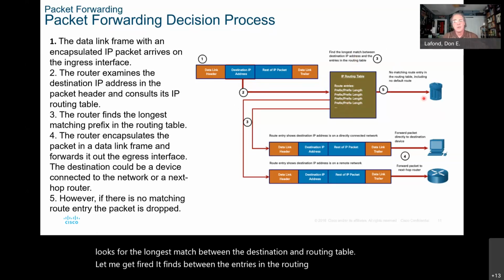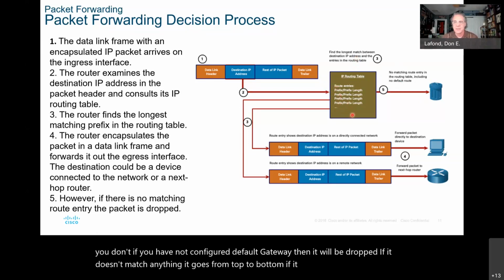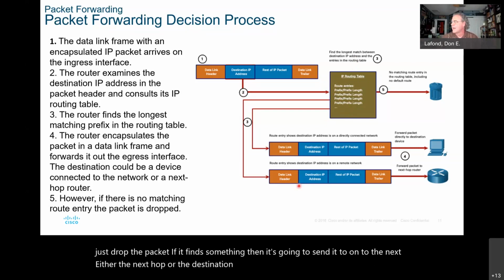If there's no entry, if you have not configured a default gateway, then it will be dropped. If it doesn't match anything, it goes from top to bottom, and if it doesn't match anything, it will just drop the packet. If it finds something, then it's going to send it on to either the next hop or the destination, which is on the network.